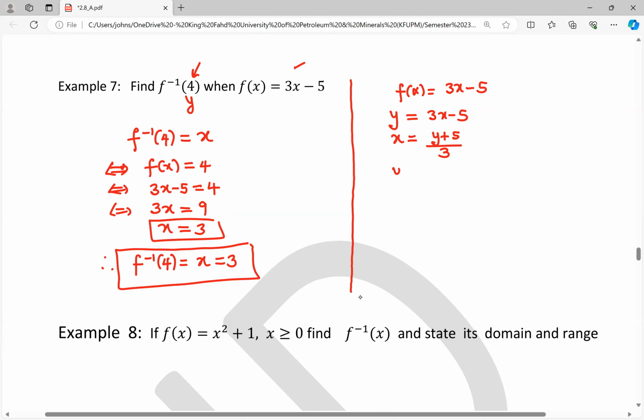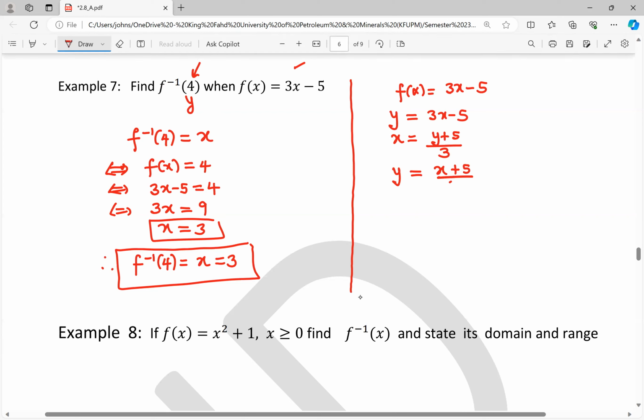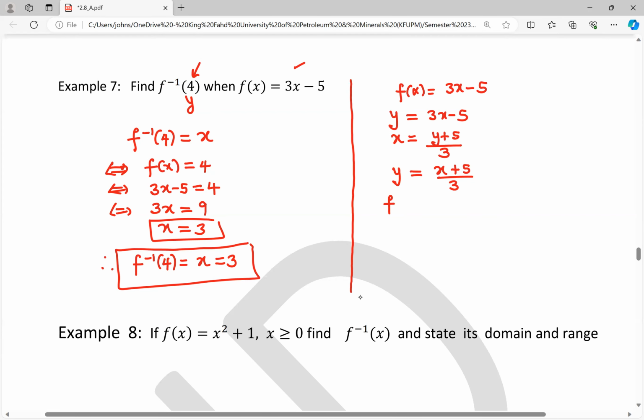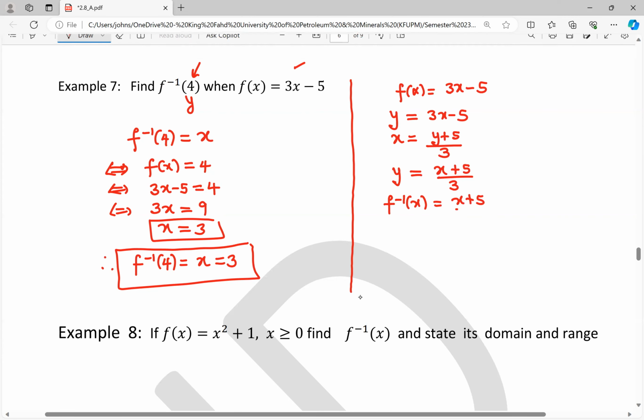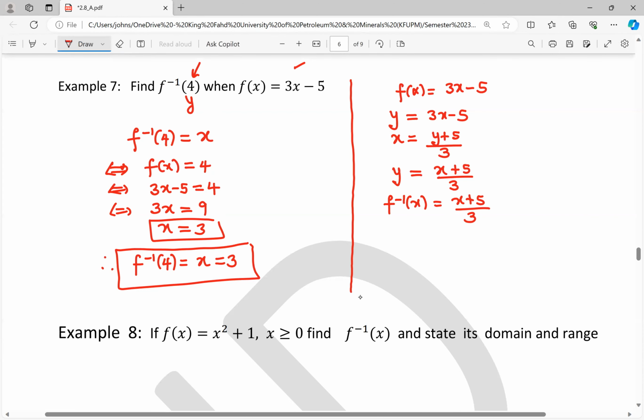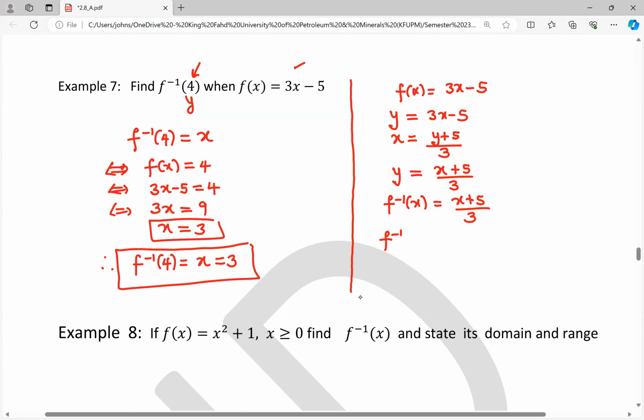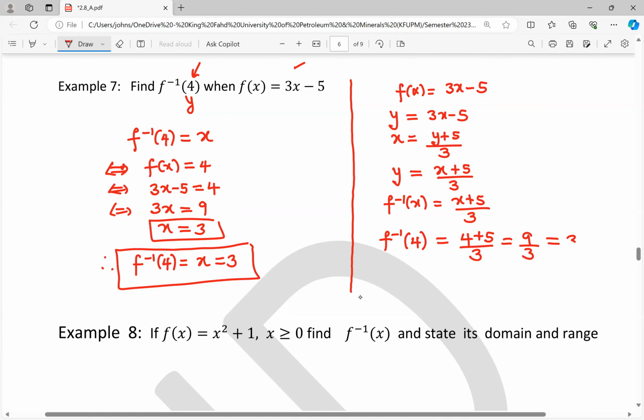Then you interchange, so y is going to be x plus 5 divided by 3. After interchanging, you remove y and just put f inverse of x equals x plus 5 divided by 3. And then we find f inverse of 4 by substituting x to be 4. This will be 4 plus 5 divided by 3, so we have 9 divided by 3, which becomes 3.